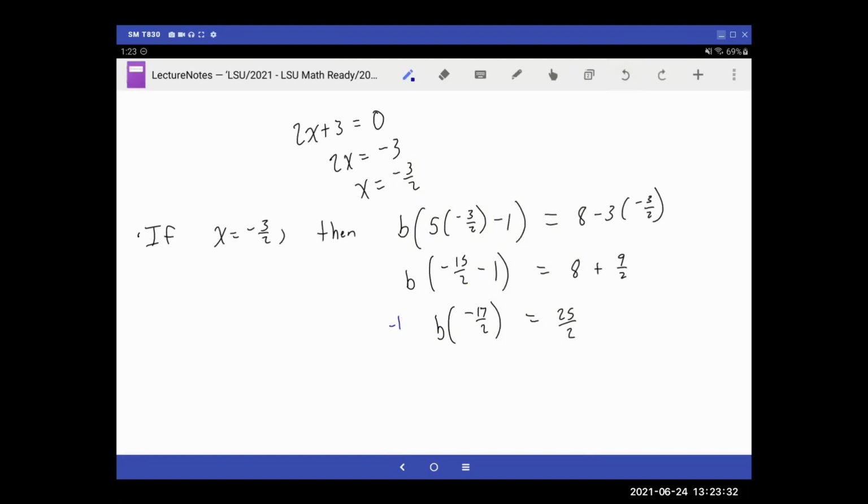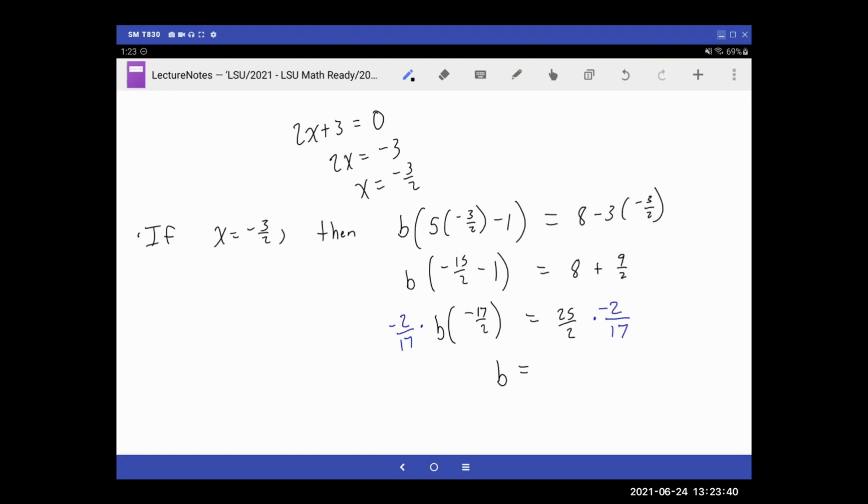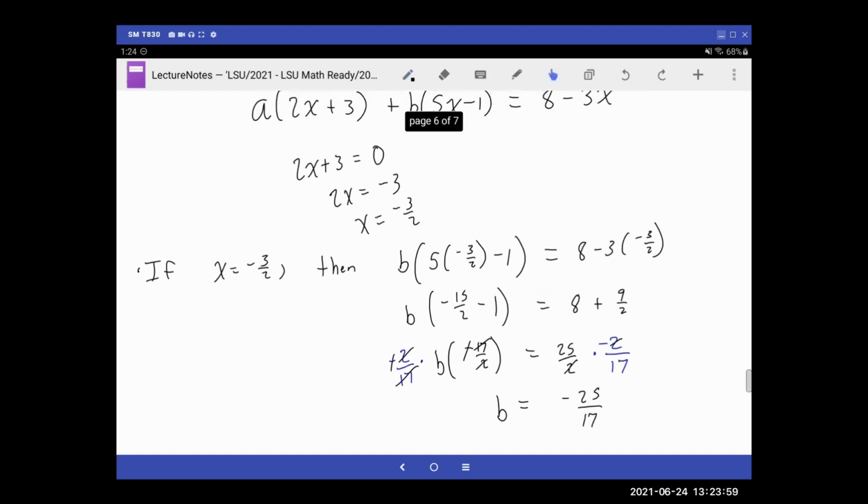That's not the reciprocal. So a is equal to negative 25 over 17. Okay, so plugging in negative 3 over 2 for x gives me a having to be negative 25 over 17.